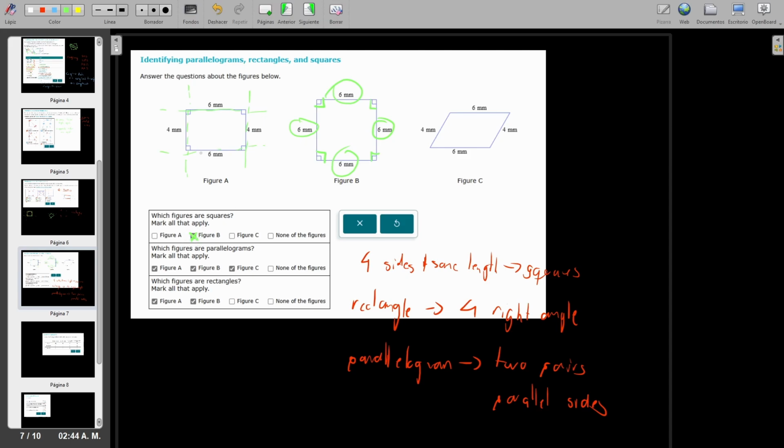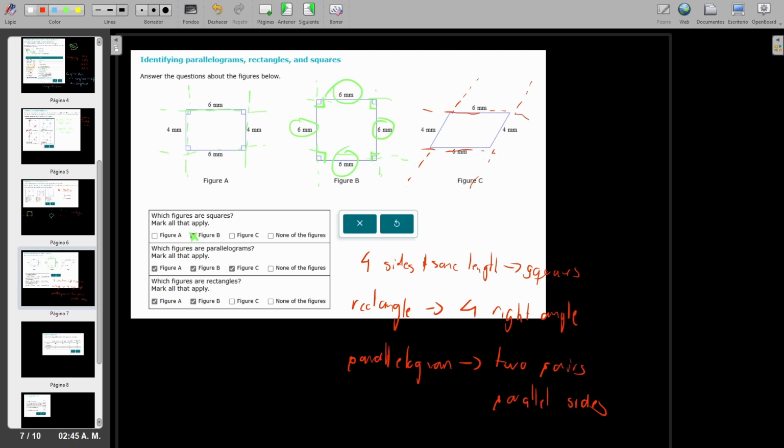Now parallelograms, they do not intersect. They do not intersect here. They have one pair and two pairs here that do not intersect. So the second one is also a parallelogram, and this one. These opposite sides do not intersect, and also these ones do not intersect.